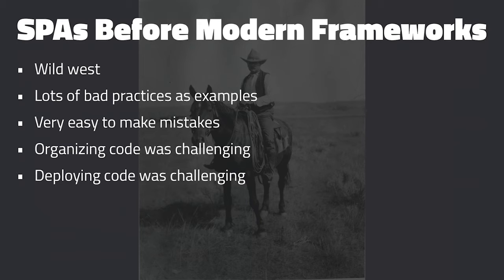The JavaScript language itself was deeply misunderstood by many people, especially people coming from Java backgrounds. So there were a lot of counterintuitive examples out there, and as a result, it was really easy to make mistakes in your development process and in your architecture process. Organizing code in ECMAScript 3 and even ECMAScript 5 is pretty challenging. There wasn't the concept of native modules in JavaScript at this time.